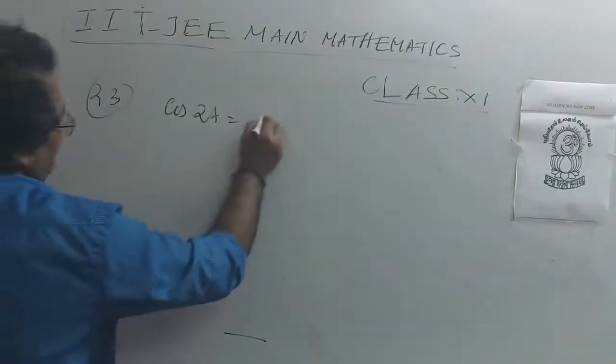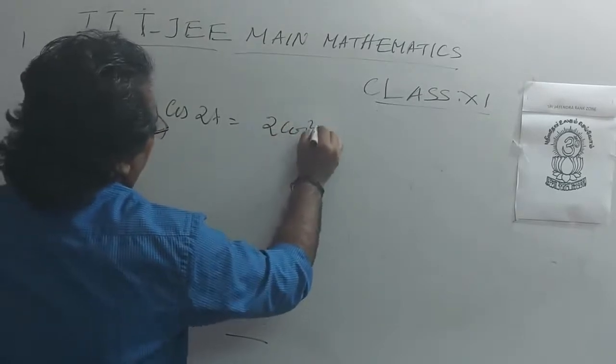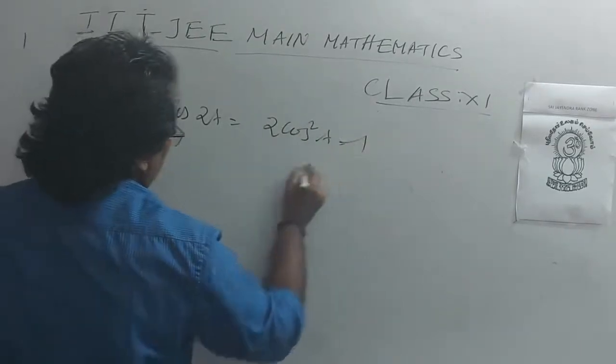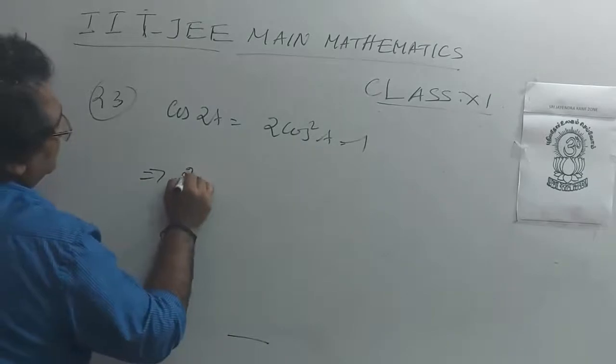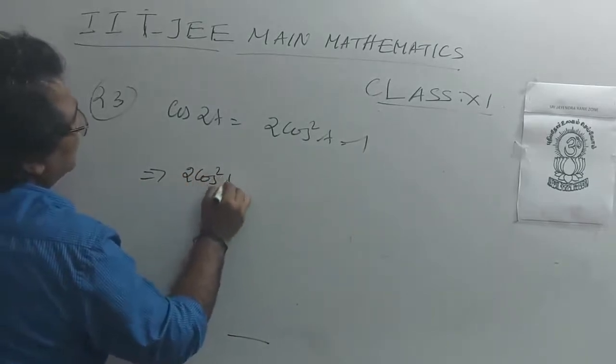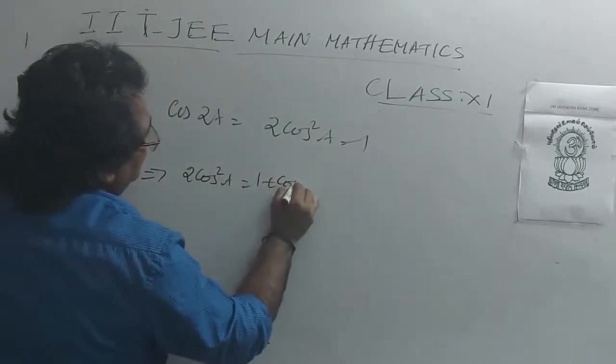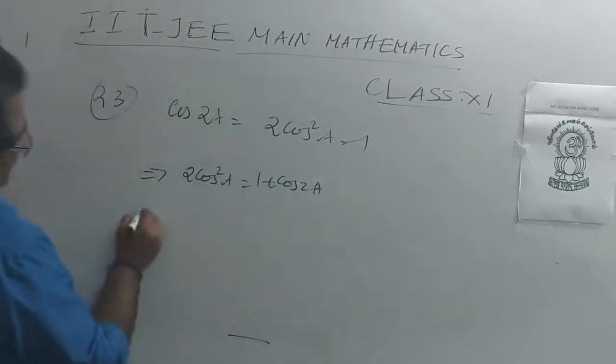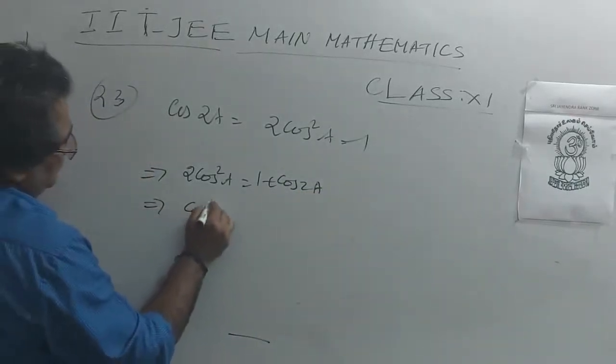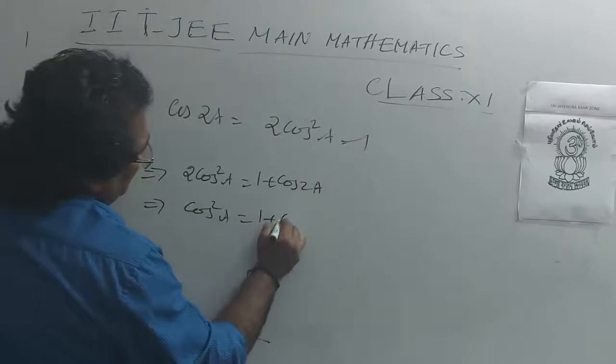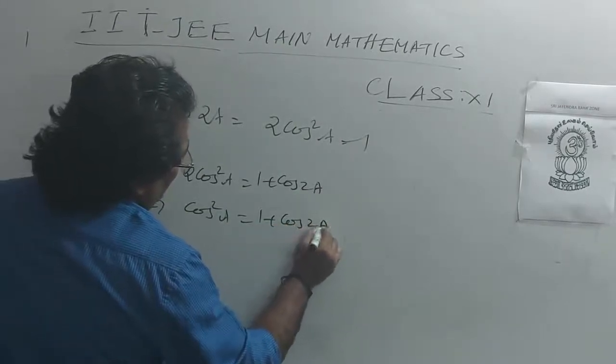Cos 2a equal to 2 cos squared a minus 1. From this, 2 cos squared a equal to 1 plus cos 2a. Cos squared a equal to 1 plus cos 2a by 2.